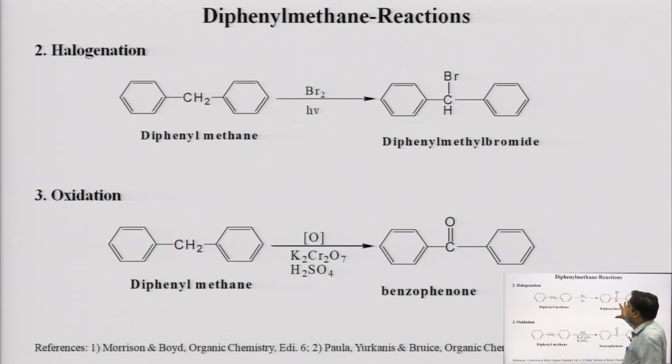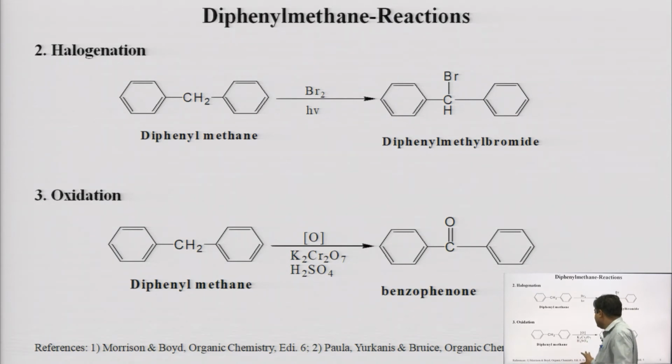Halogenation can also be done with chlorine, and we get the same sort of product with chlorine also. When we are talking about oxidation, in the presence of a strong oxidizing agent like potassium dichromate and H2SO4, diphenyl methane gets easily oxidized. Oxidation means addition of oxygen or removal of hydrogen.